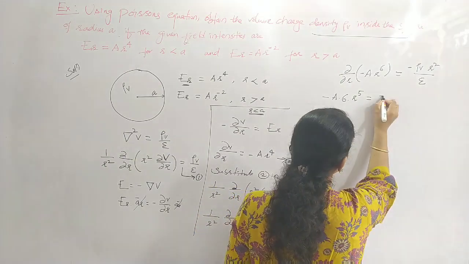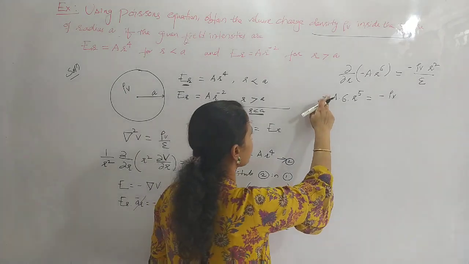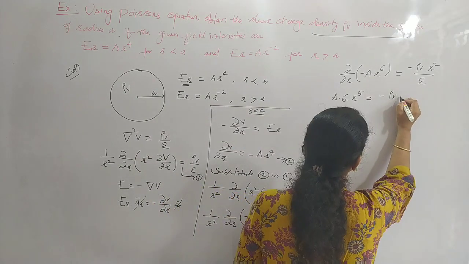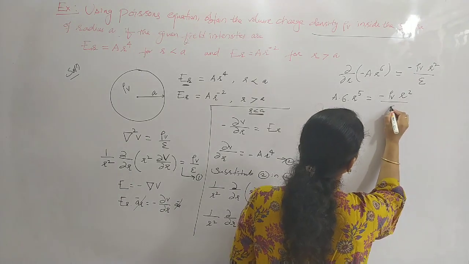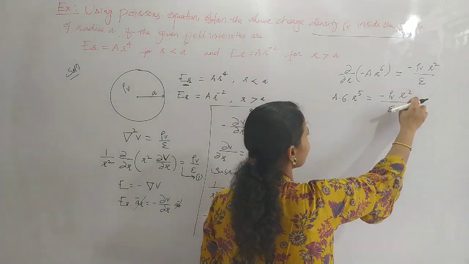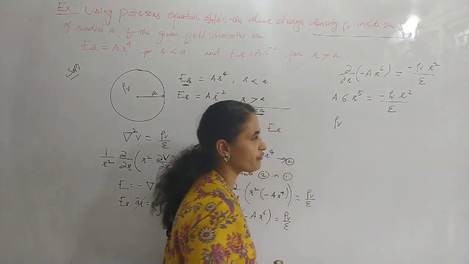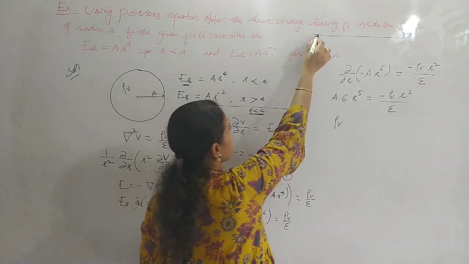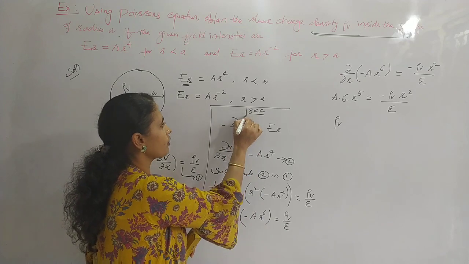Let us take all these values to this side, keeping only rho V, because we are supposed to find the volume charge density for both cases.